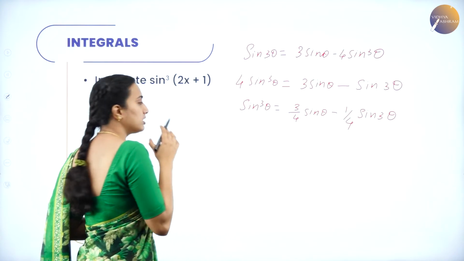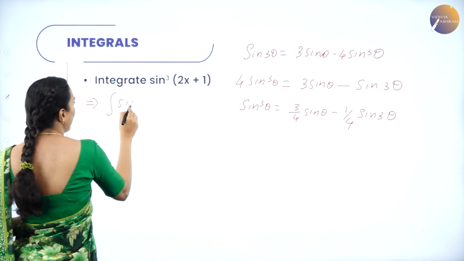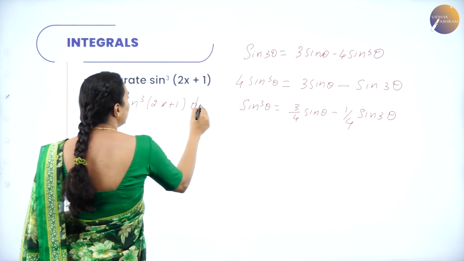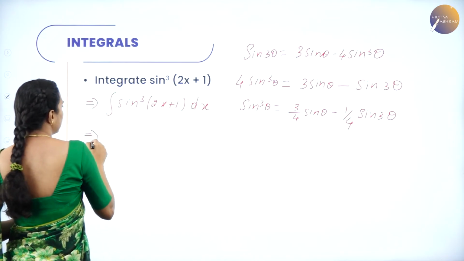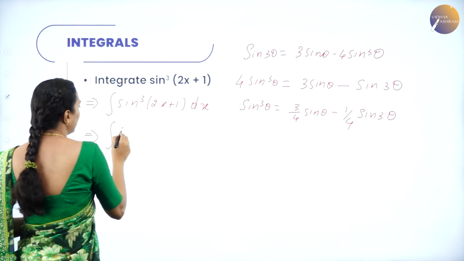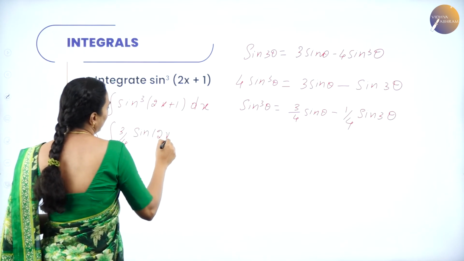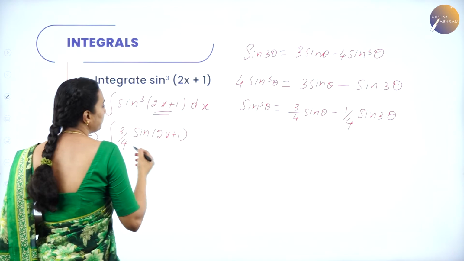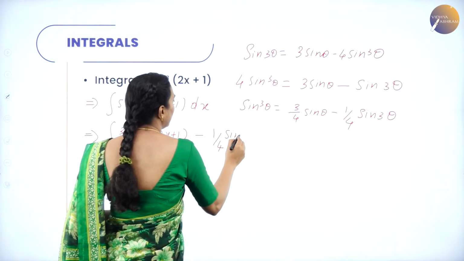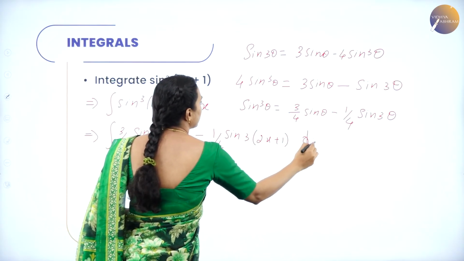Accordingly, theta replaces here 2x plus 1. So, this implies integral of sine cube theta, where theta is 2x plus 1, into dx can be written as 3 by 4 into sine of 2x plus 1, minus 1 by 4 into sine 3 theta, where theta is 2x plus 1, into dx.